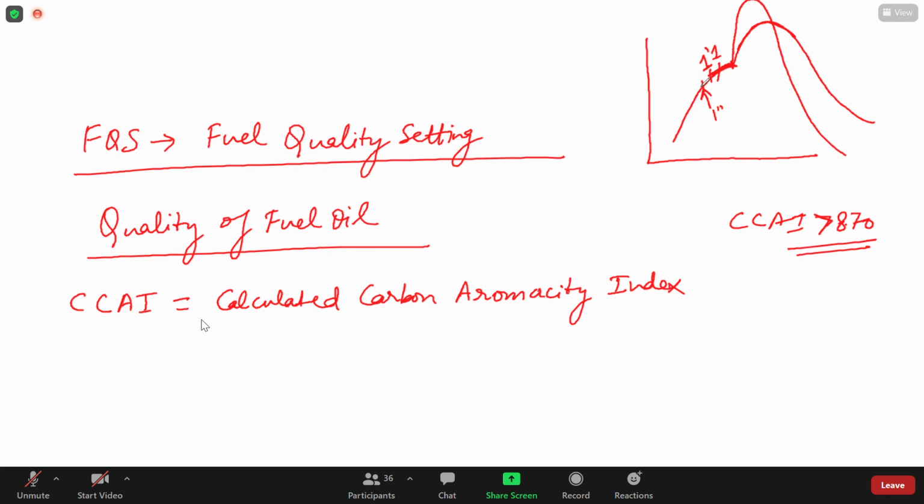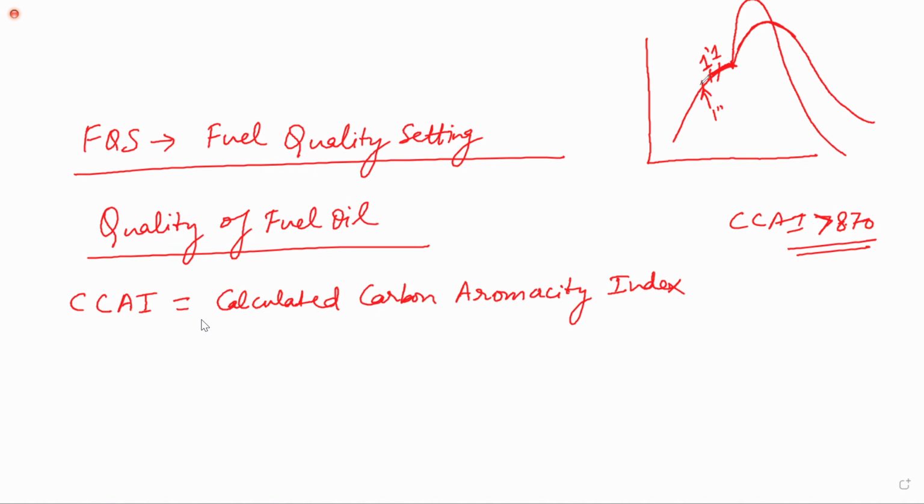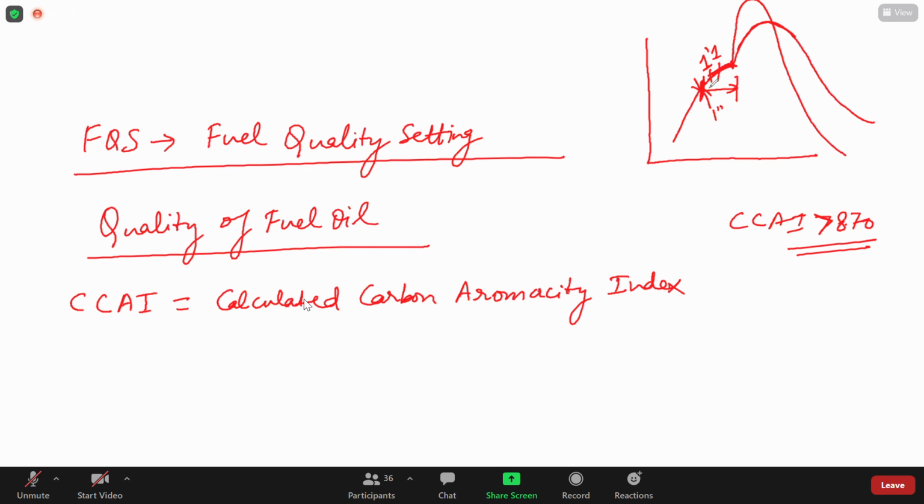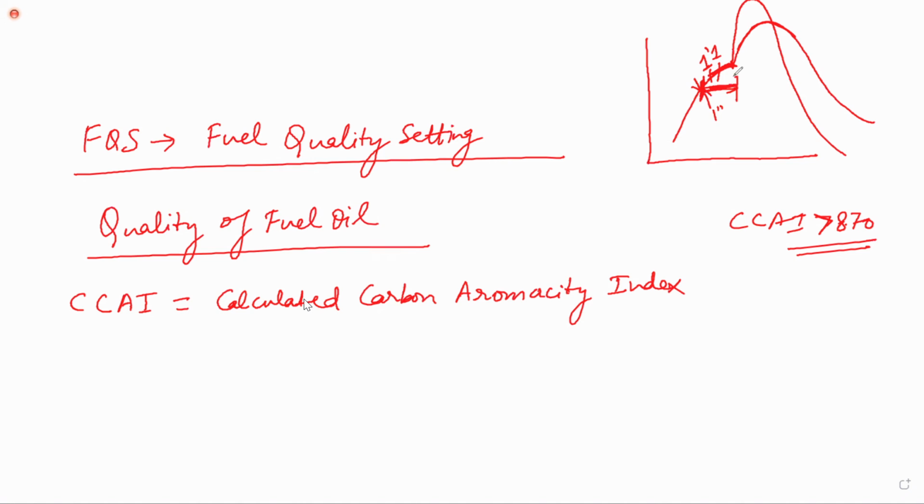And if you start your fuel injection too early, there will be too much lag. And you will have very high quantity of fuel getting accumulated before the combustion starts. And when the combustion starts, there will be a sudden explosion and you will have a very high peak generated. What is this phenomenon known as?